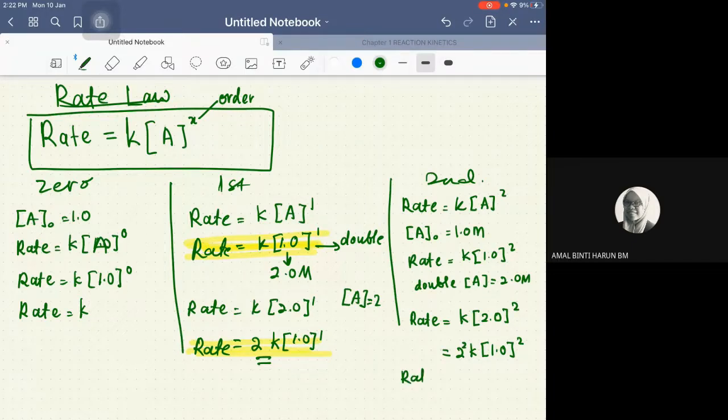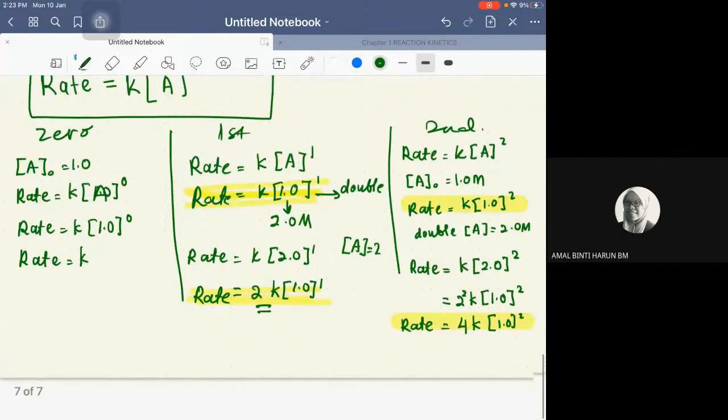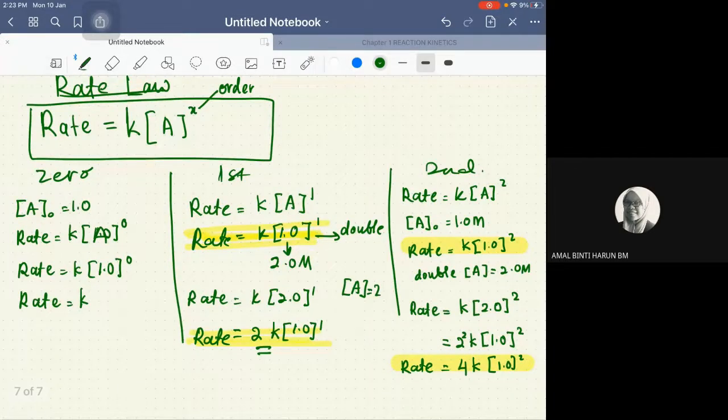So rate equal to 4K. Then kita compare yang pertama tadi 1 molar, and then bila kita double dia jadi macam ni. So kalau second order dia mempengaruhi rate tak? Mempengaruhi. Dia akan power of 2. Kalau you double, maksudnya 2 kan. So dia akan menjadi 2 square.